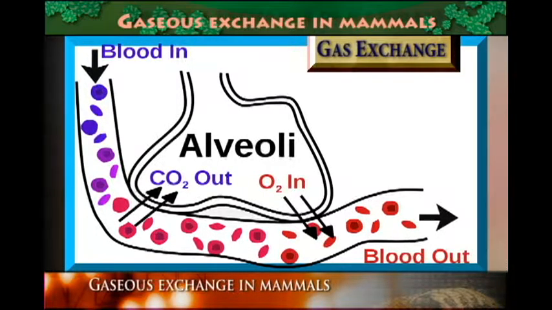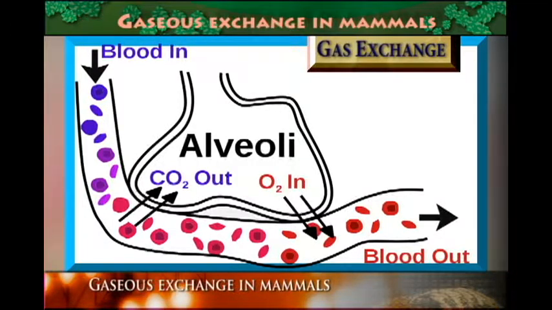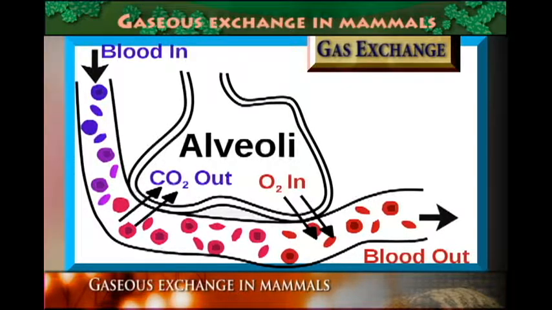And because the blood which is coming into the alveoli or the lungs has a high concentration of carbon dioxide, and air entering the alveoli has low concentration of carbon dioxide, this difference in the concentration is going to force the carbon dioxide to move from a region where it is highly concentrated, which is the blood, into the alveoli where it is low concentration of carbon dioxide.